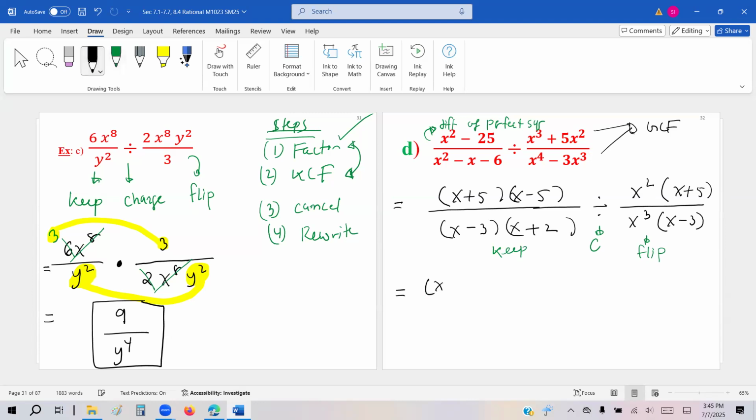So we have x plus 5, x minus 5, x minus 3, x plus 2. The division sign changed into a multiplication sign, and we flip the right side: x cubed, x minus 3, x squared, x plus 5.